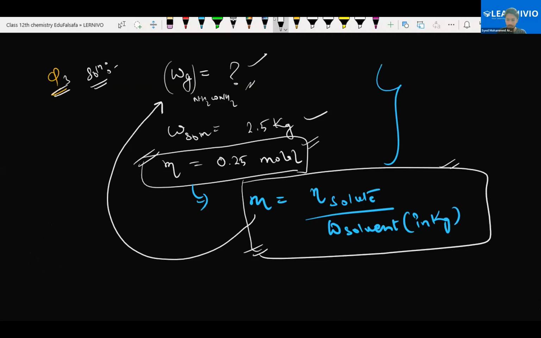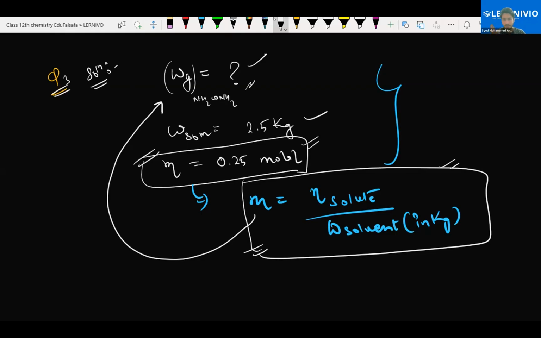But if the molality is given, I have not taught you the relation between the molality and the molarity. In this class, I am now going to do that. But till now, I'm not explaining the relation between the small m and the capital M. So there is no need of calculating the molarity or other terms.